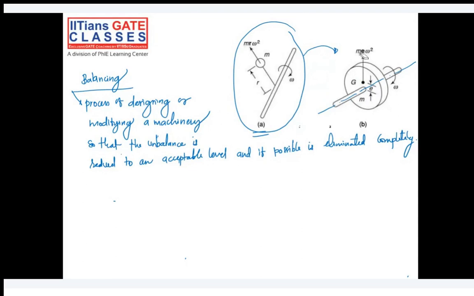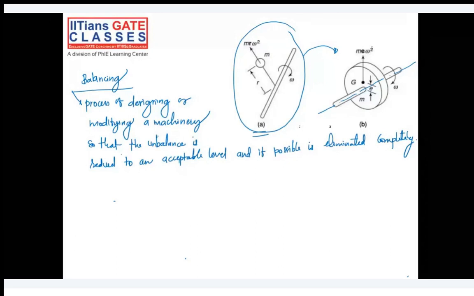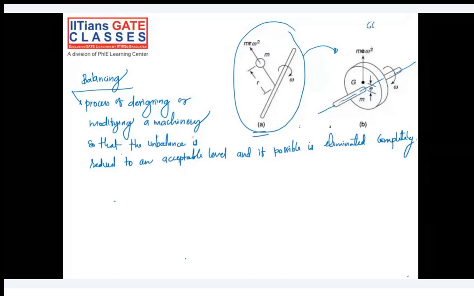In other words, the CG of this disk is lying on the axis of rotation. I'm talking about figure B: CG is on the axis of the disk or axis of the shaft.